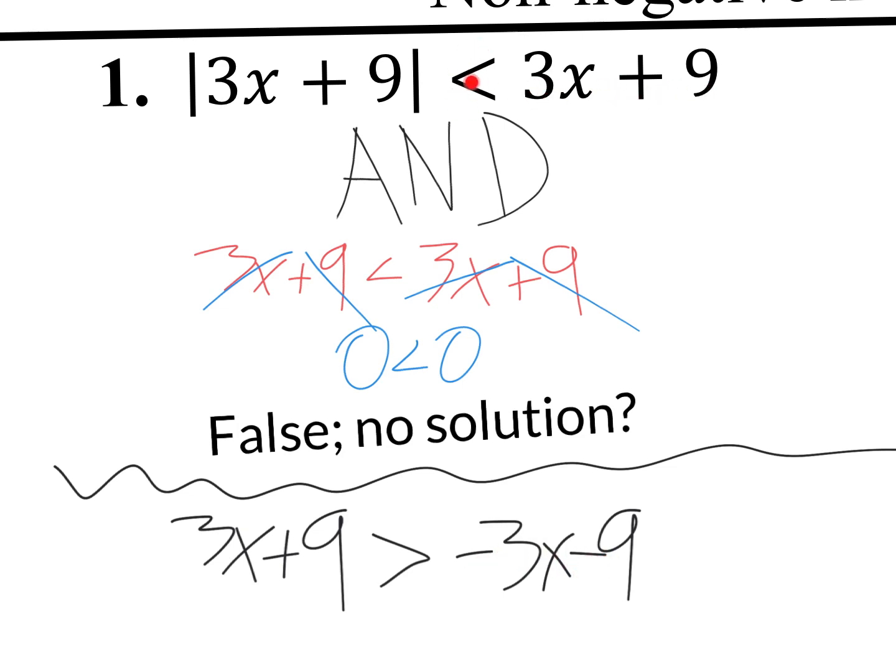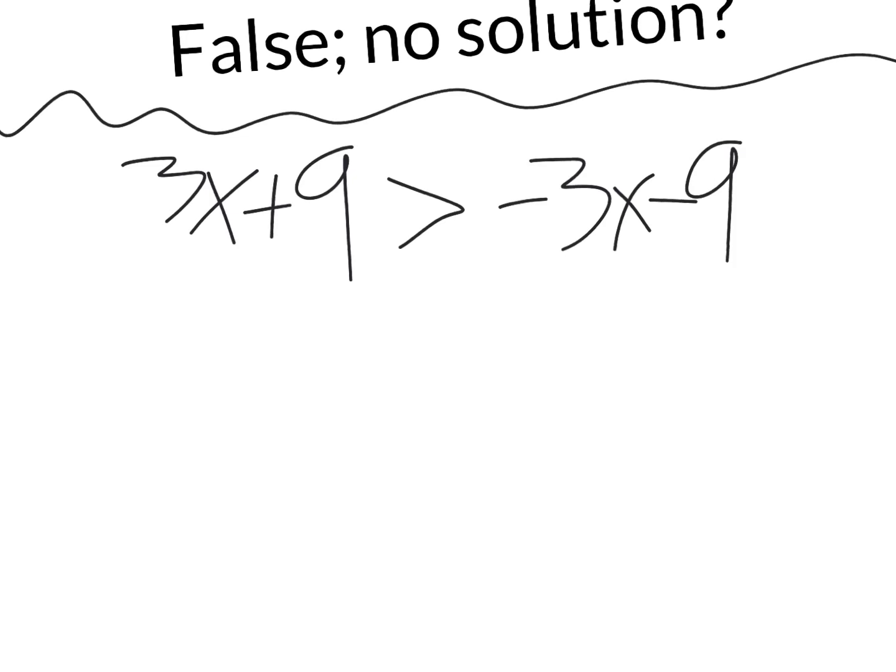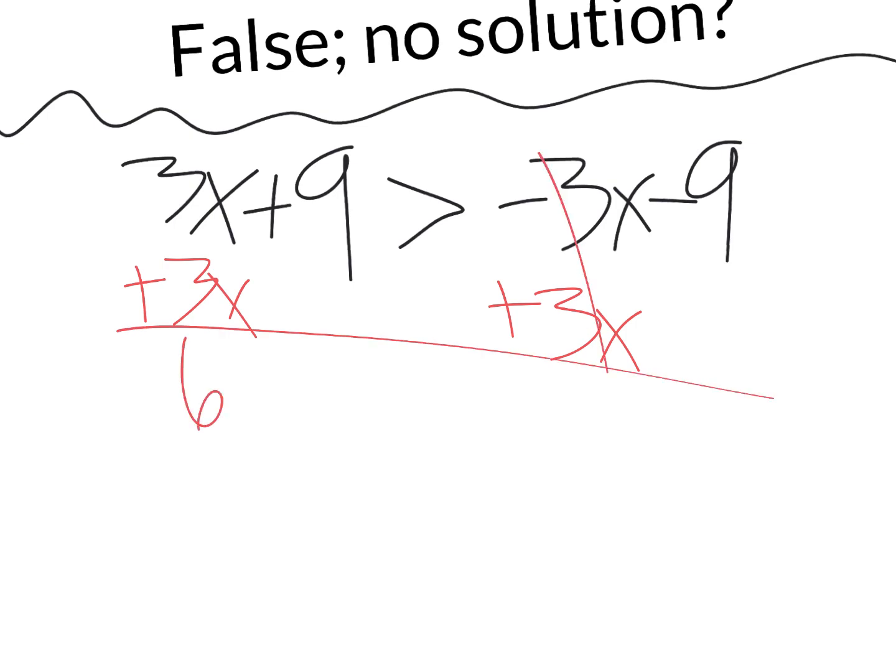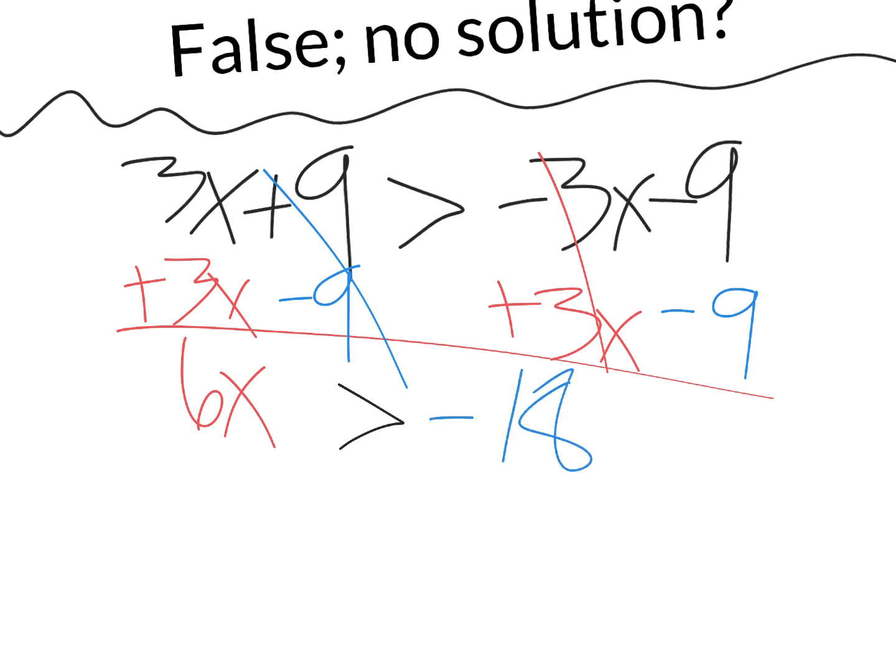And then you would change this inequality sign from a less than to a greater than. And so we're going to get our x's to one side. So I can add 3x to the left-hand side, and I'd get 6x. And then I can minus 9 from the right-hand side. And so that's going to say 6x is greater than negative 9 minus 9, which is negative 18. I can divide both sides by 6, and I'd get x is greater than negative 3.